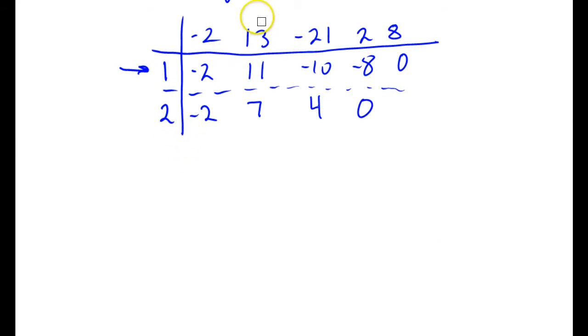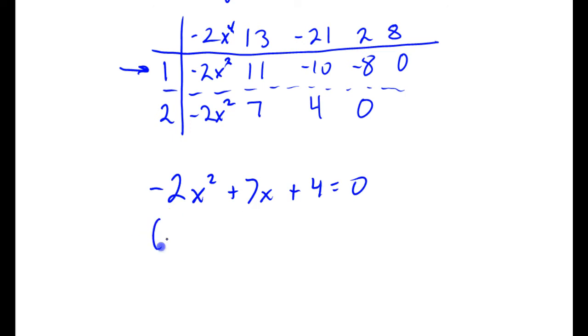Okay, so remember that we started with a 4th degree, then that dropped down to a 3rd degree, and now we're at a 2nd degree. Once I reach that spot, I can either factor or use the quadratic formula. And I believe this will factor: negative 2x minus 1 and x minus 4.